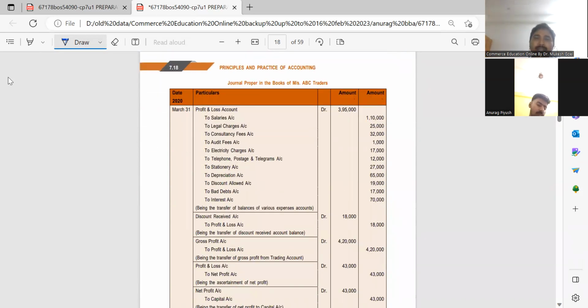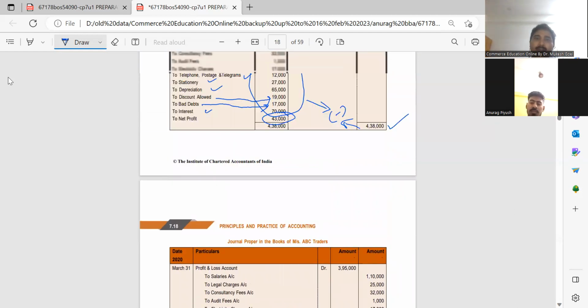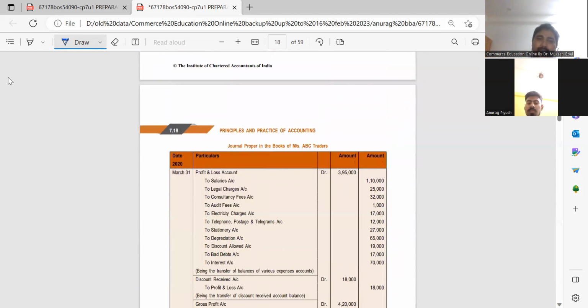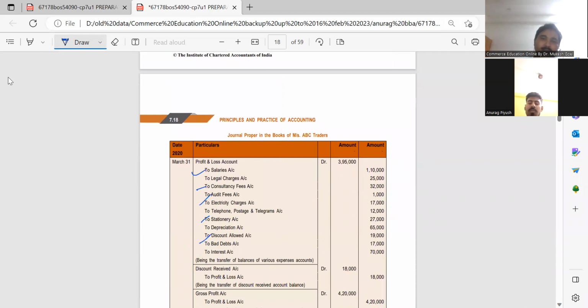If we have to prepare the journal proper, then we can put these items in the credit of the journal entry, and profit and loss account will be debit. Profit and loss account debit to salary, to depreciation, to interest.